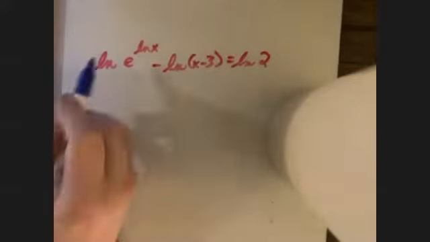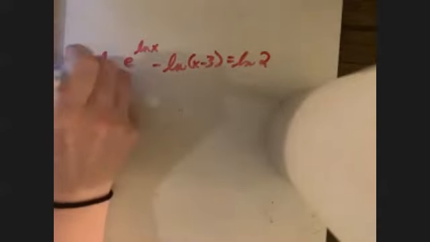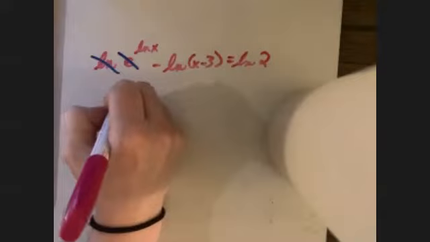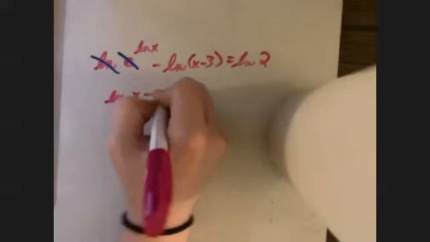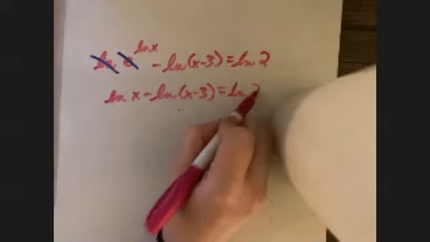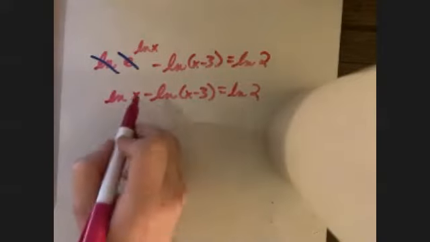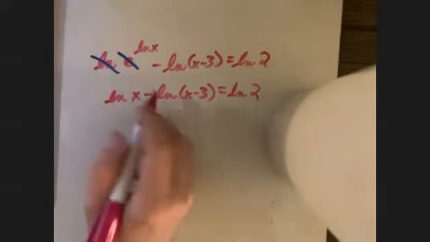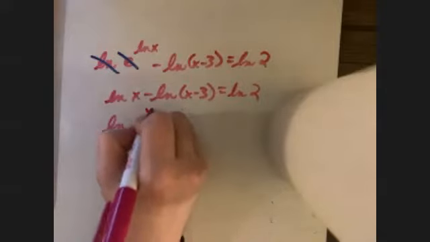The first thing I notice is natural log against e. Those go away. So now I've got natural log of x minus natural log of x minus 3 equals natural log of 2. Again, though, I've got too many logs on one side, so I am going to condense those.